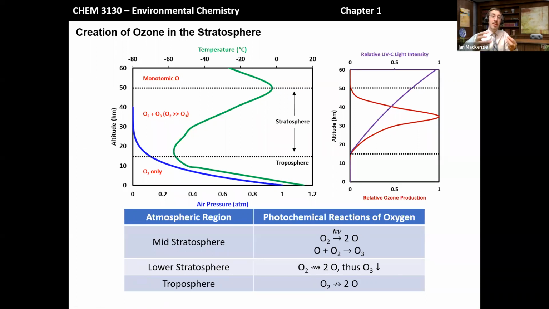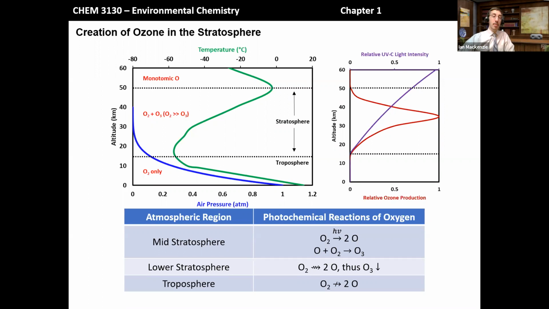And that means that the relative concentration of individual oxygen atoms is very low, which means that the relative rate of ozone production also drops off, because those individual oxygen atoms are necessary for the formation of ozone by recombination with O2.